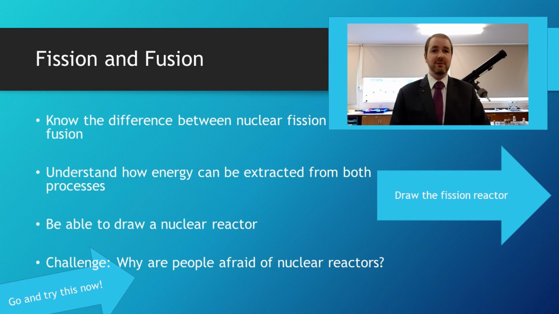Make thing go hot, use hot thing to make steam, and therefore you can start generating power, get power generators off that. You should be able to draw a nuclear reactor as well. As I said, you shouldn't necessarily need it, but it's useful to know so you can explain the benefits of fission and fusion. And the challenge is to think about why people are afraid of nuclear reactors, because they are dangerous. No doubt about that, but they're not as dangerous or as scary as people make them out to be.